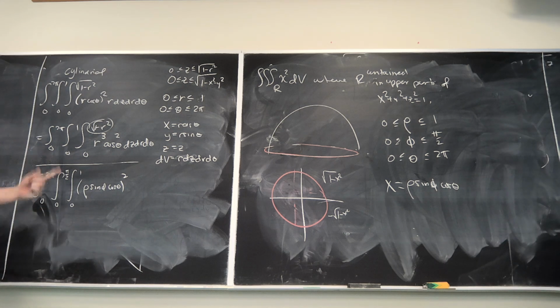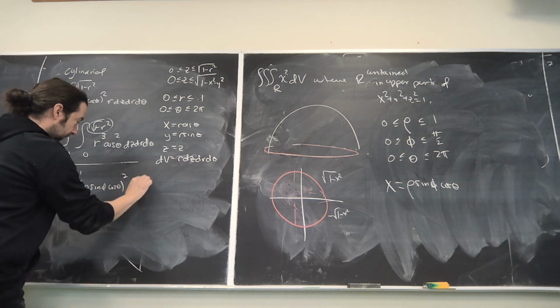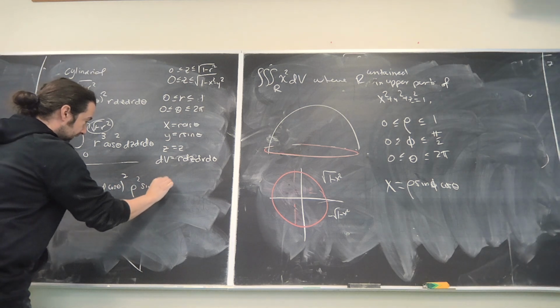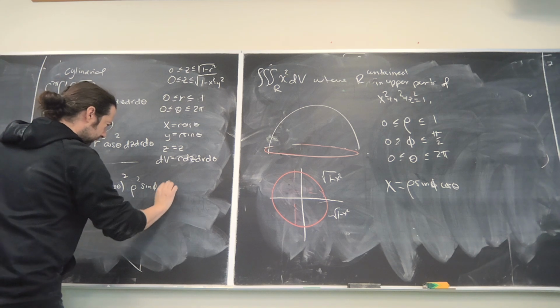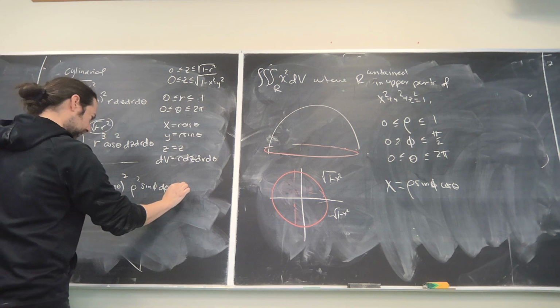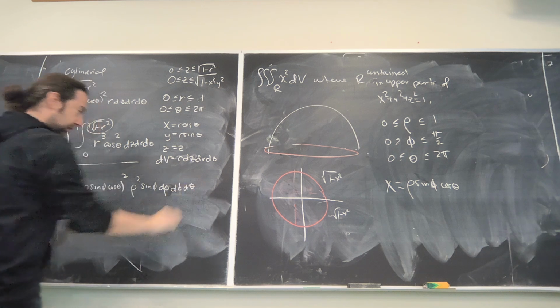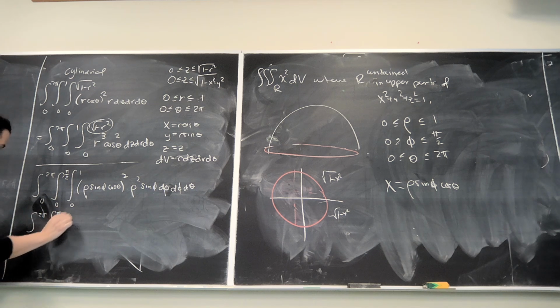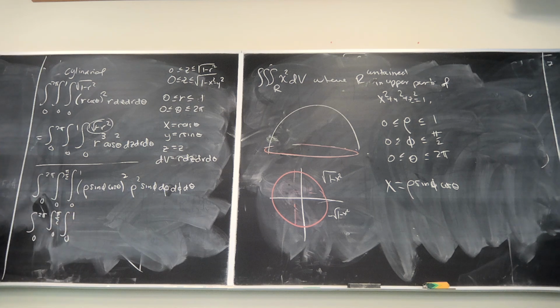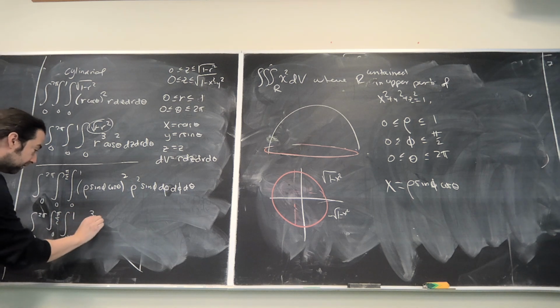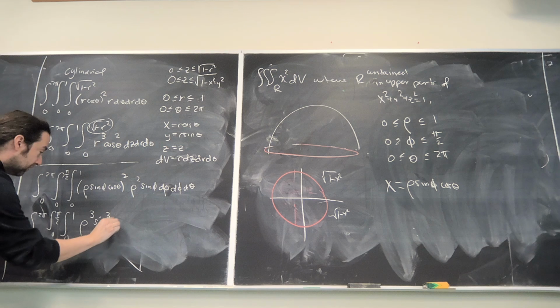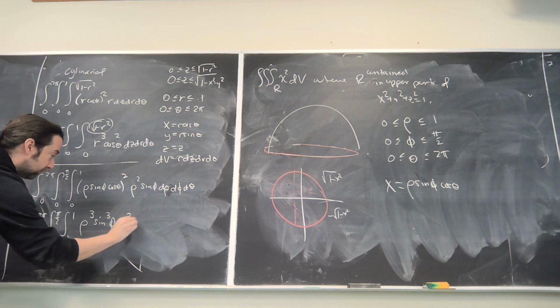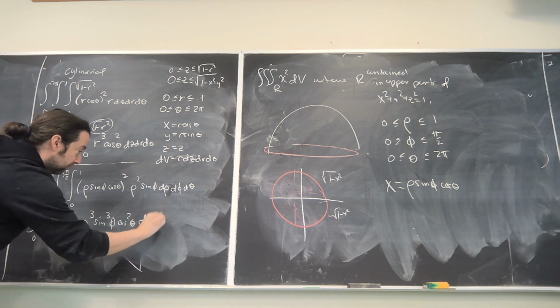And then dv becomes rho squared sine phi d rho d phi d theta. That looks kind of nasty, I guess, because when you're done, you have the integral from 0 to 2 pi of the integral from 0 to pi over 2 of the integral from 0 to 1 of rho to the third sine to the third of phi cosine squared of theta d rho d phi d theta.